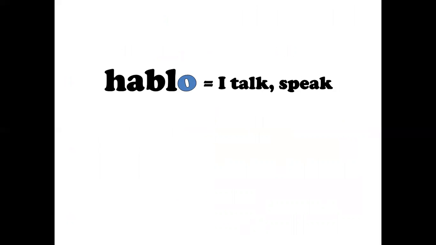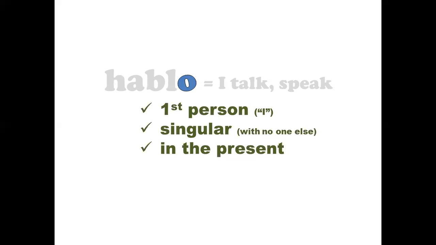The O there gives you several different messages. It has several pieces of information embedded in it. That O means it's first person. I'm the one completing the action, that no one else is completing it with me. I'm singular. And in the present, I'm doing it right now. I'm doing it at this present time.